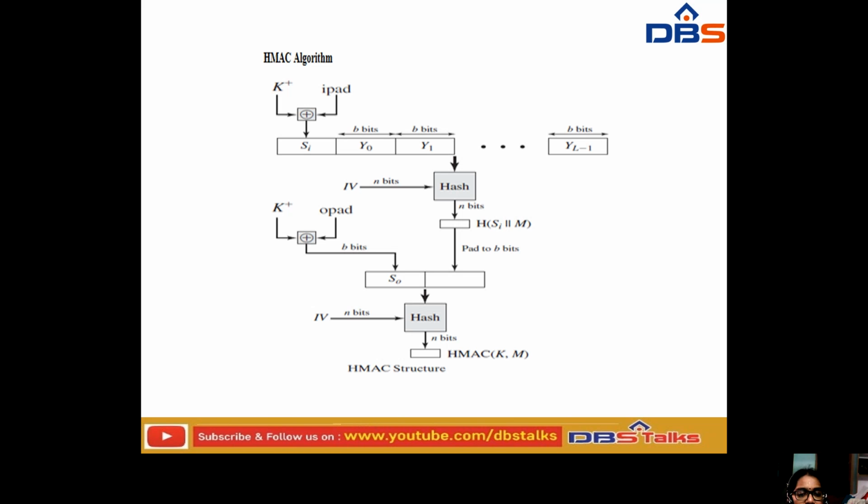We can write it as S, M. Again and again we perform the iterations like this, and finally we get the result for each and every block: this is the first, this is the second, this is the third, and so on. Just like that, we design the HMAC algorithm.